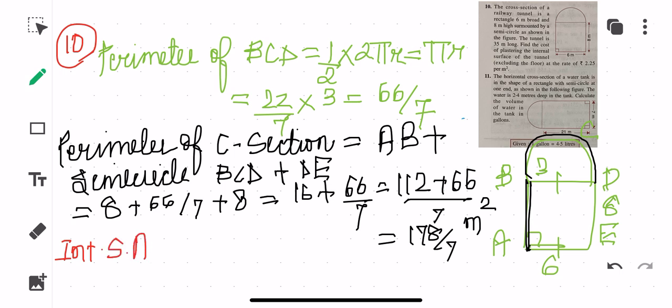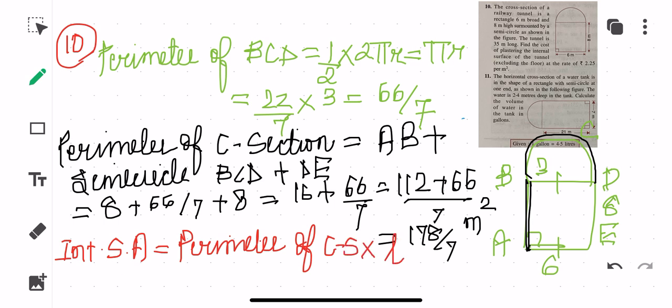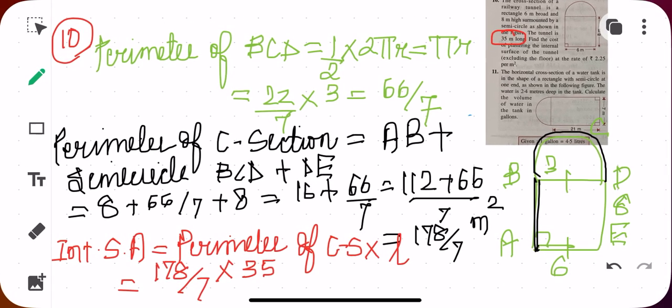Internal surface area is equal to perimeter of cross section into height or length, you can write. So what is the perimeter of cross section that we have calculated, children? This is 178 divided by 7 into what is the length that has been given? They have given this 35 meter long, so into 35. Okay, so here 7 gets cancelled.